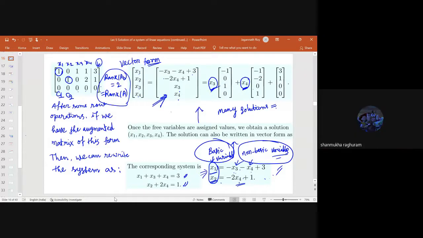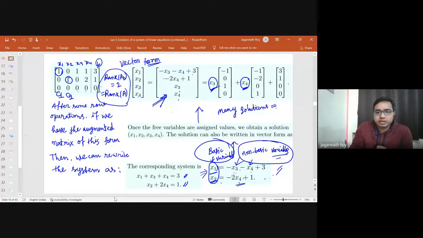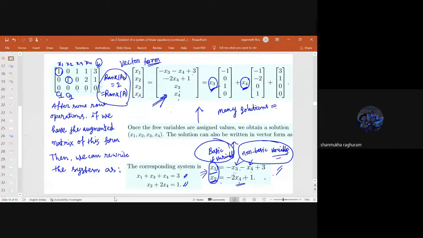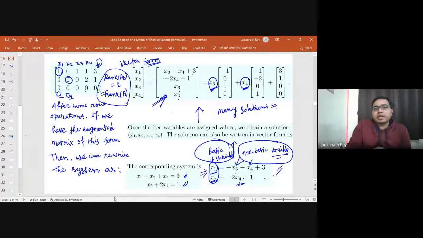Sir, how have you concluded that they have infinite solutions? Yeah, you have infinite number of choices. They are arbitrary. If you take x3 equals 0, x4 equals 0, then the solution becomes of this form. If you take 1 and 0, you will get another solution. If you take 1 and 1, then you will get another.